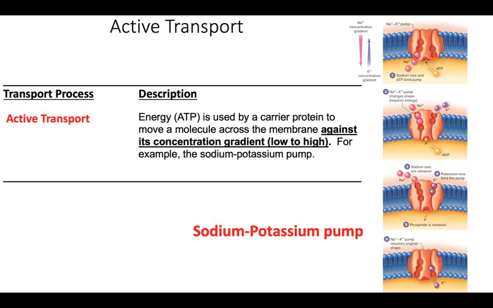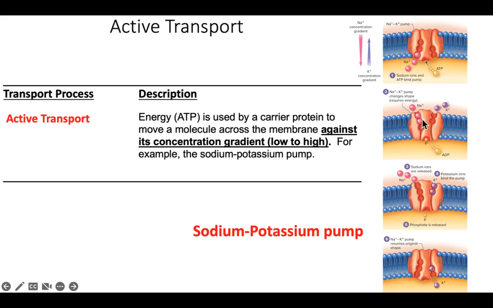And the most important active transporter in animals is the sodium-potassium pump. The sodium-potassium pump is going to be extremely important for us to understand when we get into the nervous system. Basically, it uses energy to move sodium ions out of the cell. So there's the sodium ions.